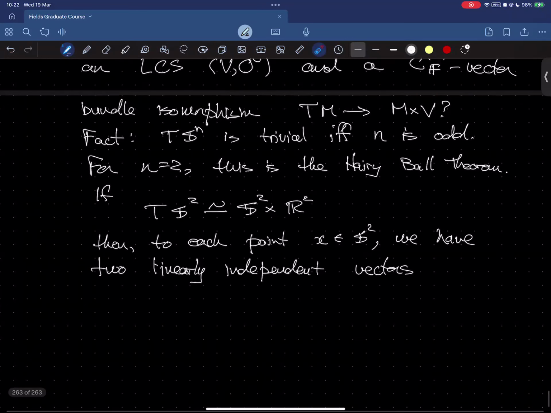Okay, so this says that every tangent vector can be written as a pair of things.